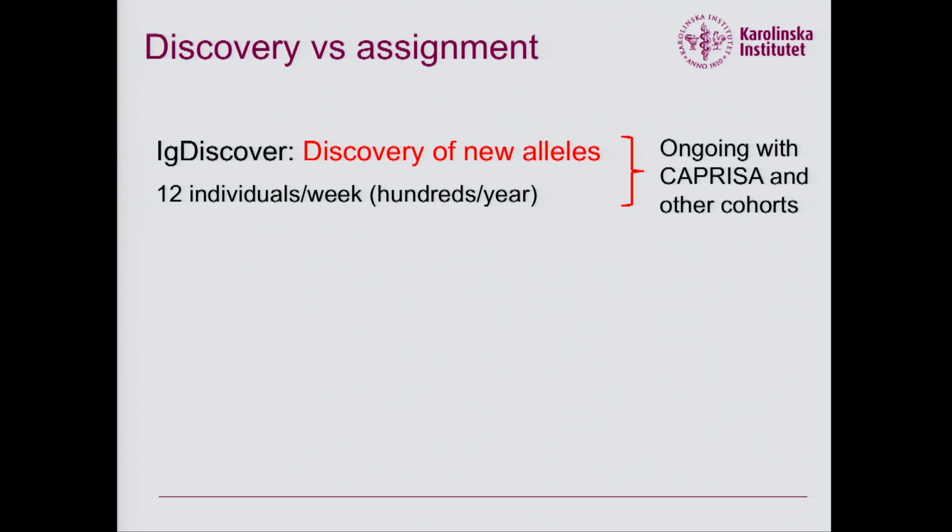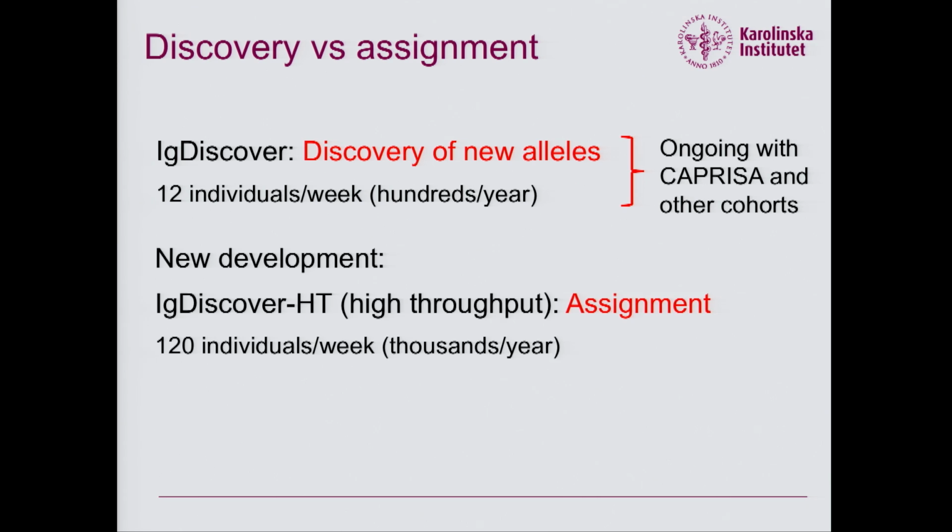But to really meet the need, we have also developed a high throughput approach. And this is just to assign sequences to known alleles. So here you don't need to have as many sequences as for the discovery. So here you can basically increase this by tenfold. So now this makes it possible to really sequence thousands of individuals. So this is really amenable to scaling up.